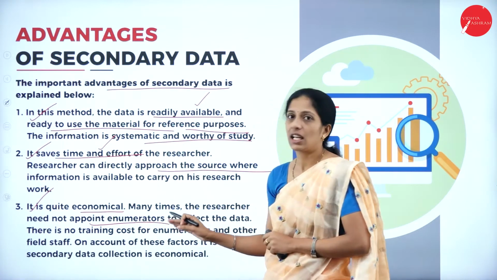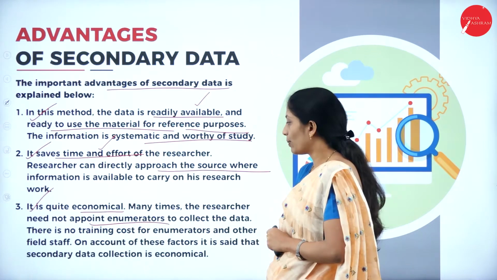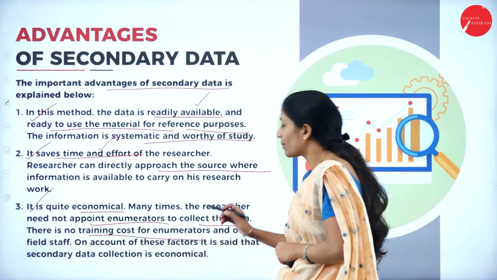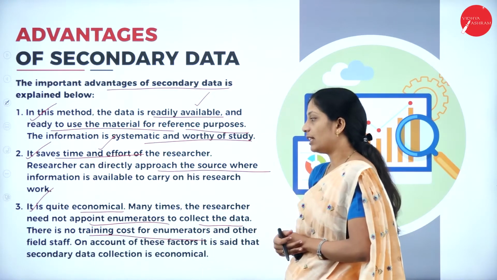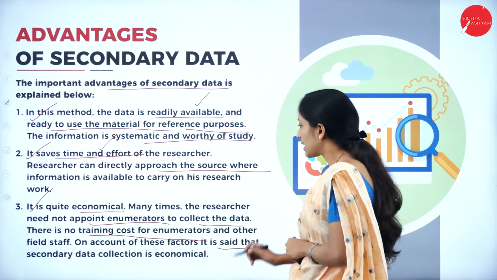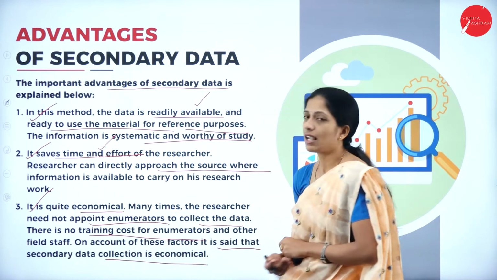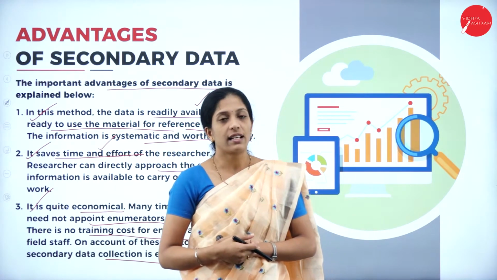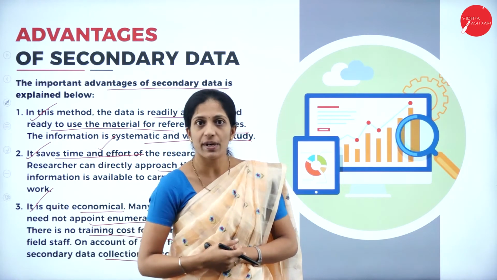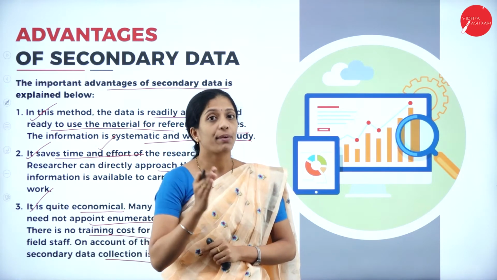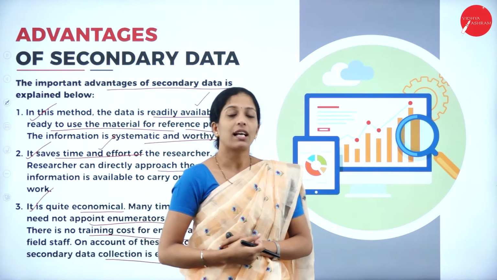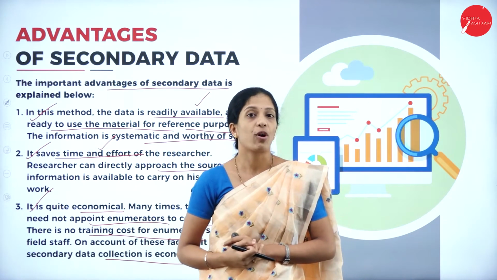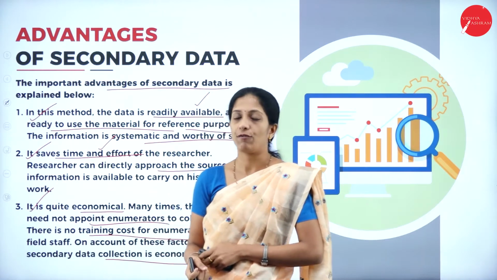But in secondary data, there is no appointment of enumerators and no training cost for enumerators and other field staff. On account of this, secondary data collection is said to be economical. Under secondary data, the researcher need not appoint a skilled person to collect the information, but in primary data, information collection is very difficult, so the researcher has to appoint a skilled person.